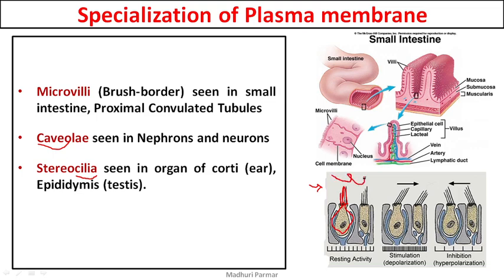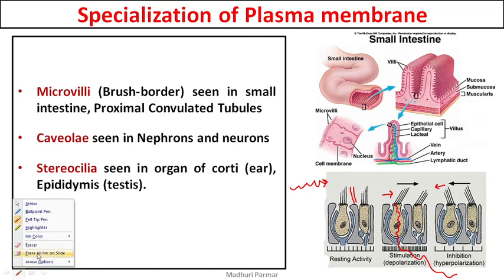There is fluid in the surrounding. Whenever a sound wave comes, the fluid will also vibrate. When the fluid vibrates, the cilia, which are normally upright, start moving to one side or the other. This message is then passed on to the cell and then to the neuron, and that is how you are able to hear what somebody is saying.